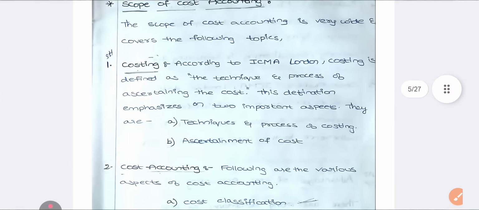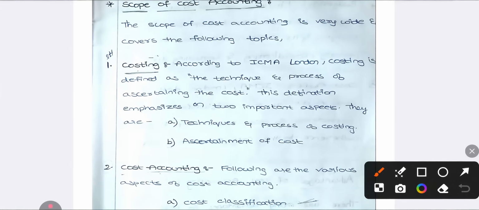And next, scope. In this scope, the first one is costing. So according to the ICMA London, costing is a technique or a process. What it will do is tell how much expense you have to produce that product.